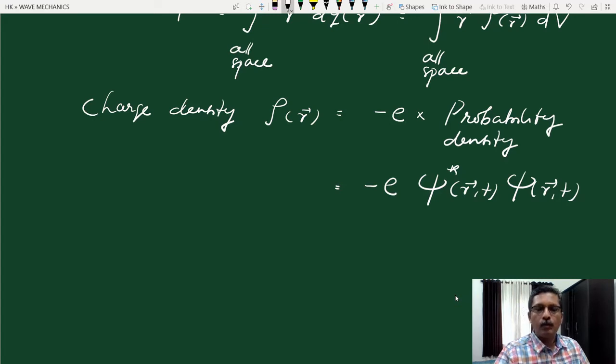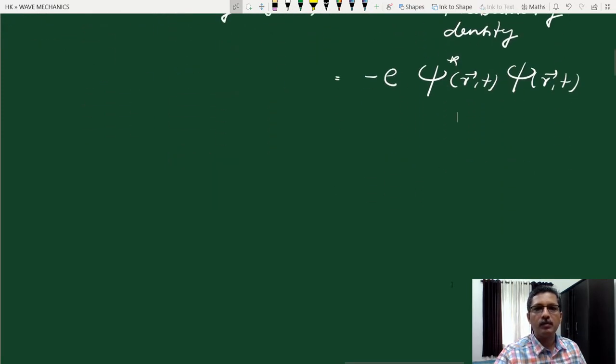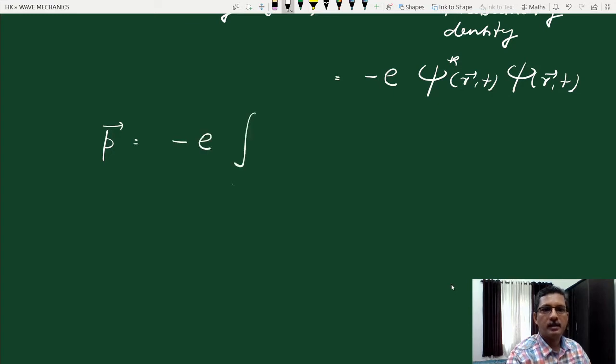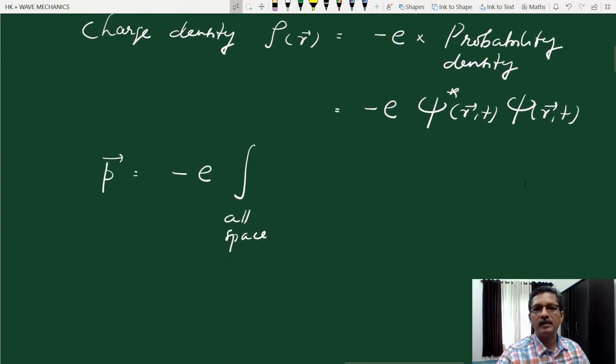Then let us use this definition of the dipole moment. The dipole moment of the hydrogen atom we can write as minus e times the integration over all space. We are using this definition: integration over all space, position vector r, charge density, volume element, right?